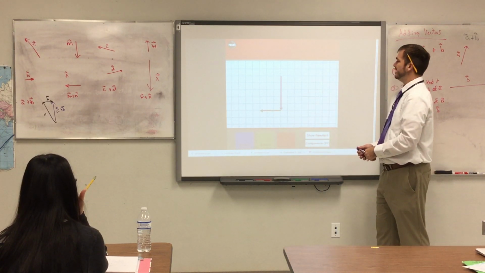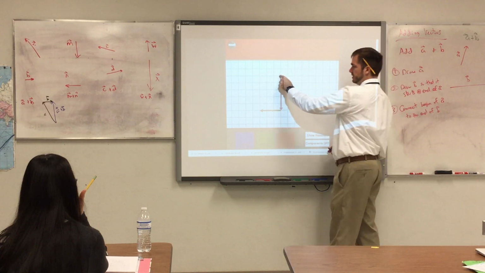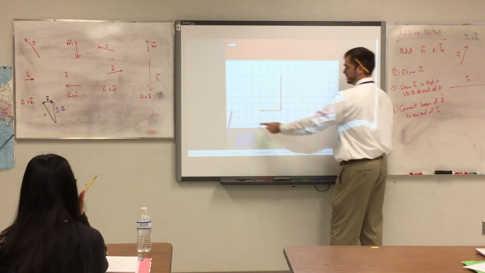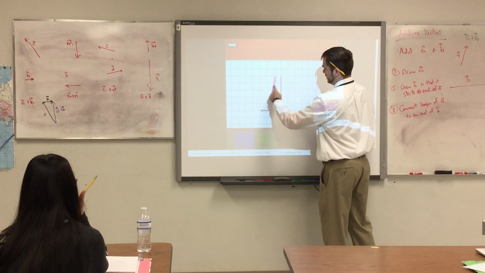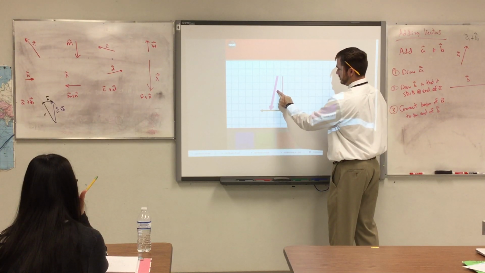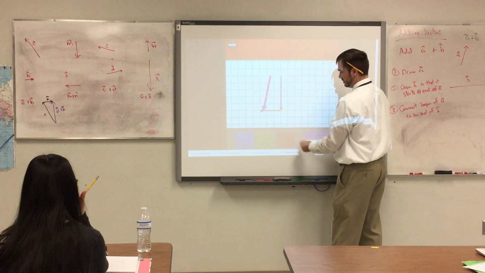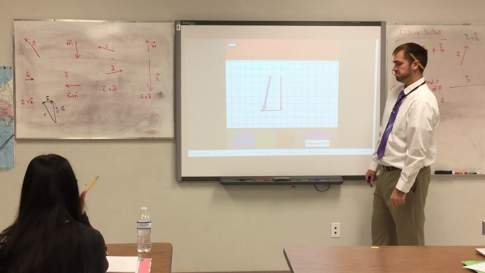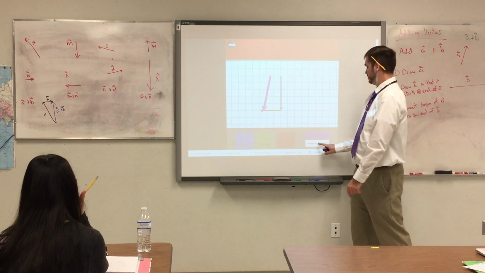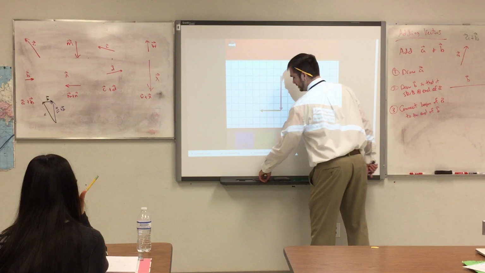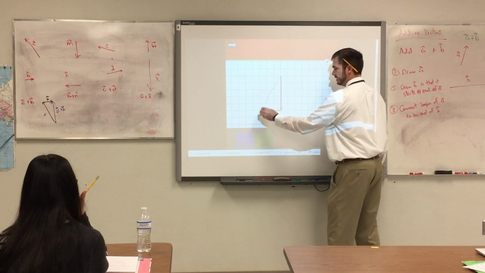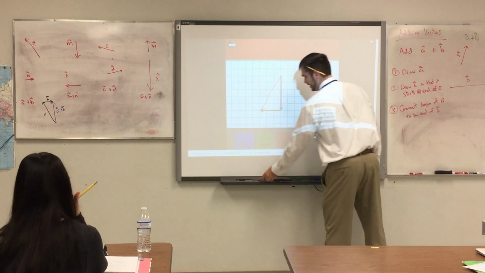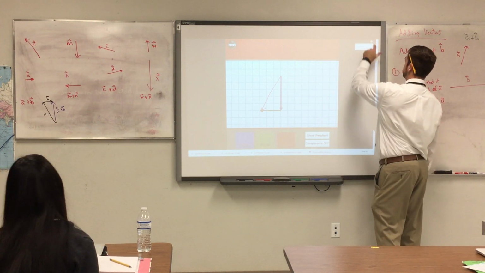And then I'm going to connect the beginning of M to the end of N. So if I show the resultant, it should be something kind of, well, doesn't seem very right now, does it? I don't know what's going on with their calculations.